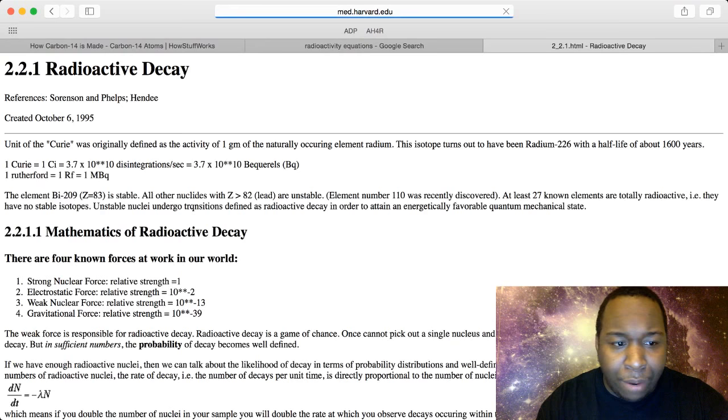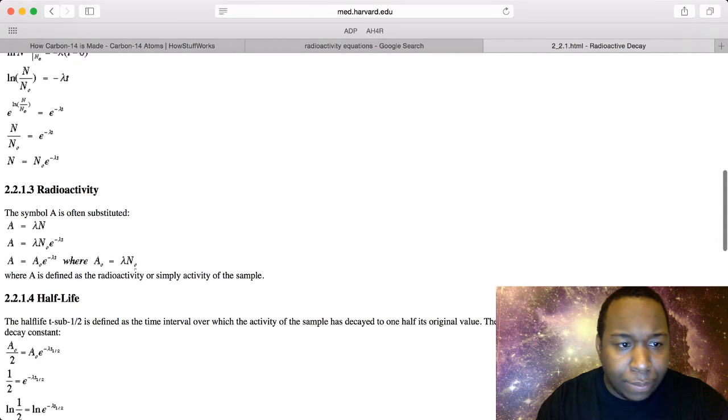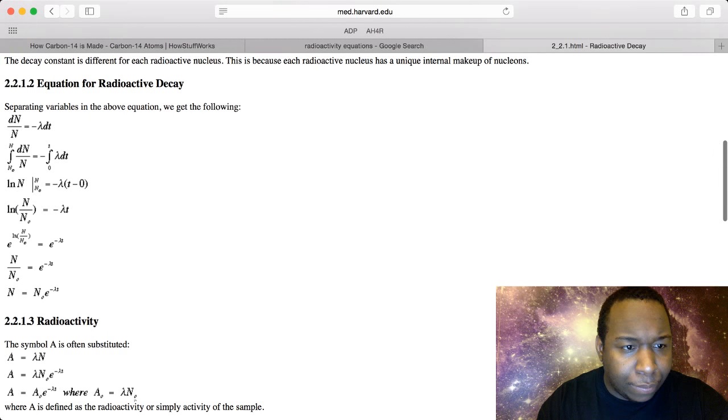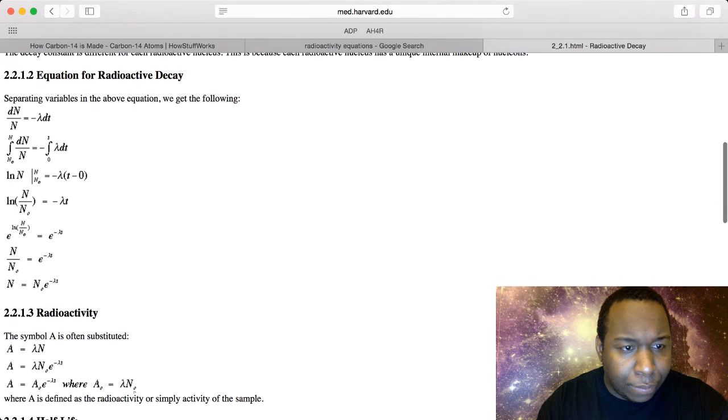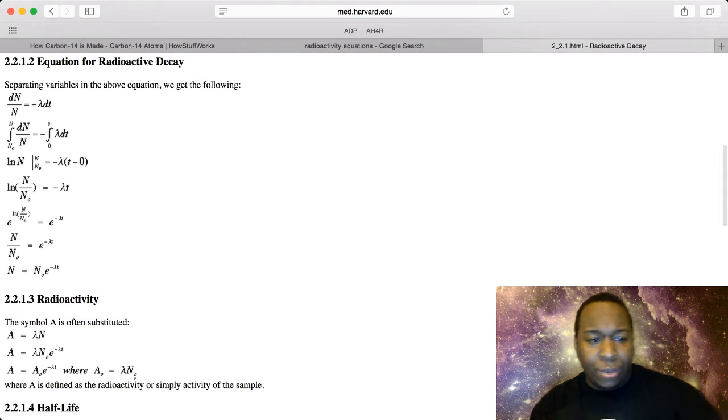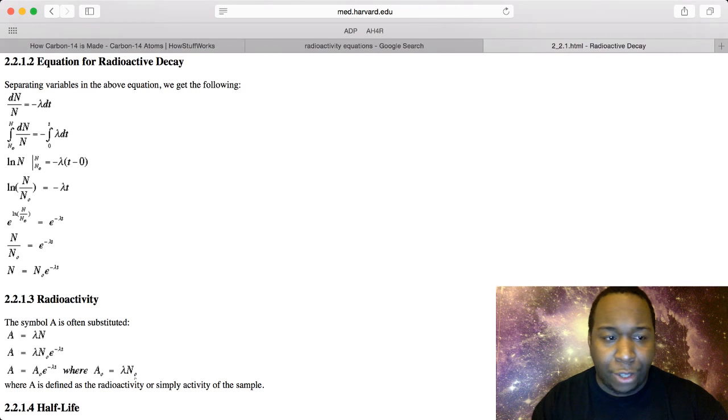See if I can get a bigger image of it. Here we go. Yeah, we'll just use this page for today's problem.